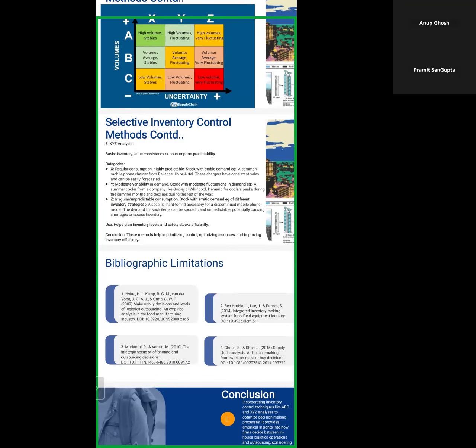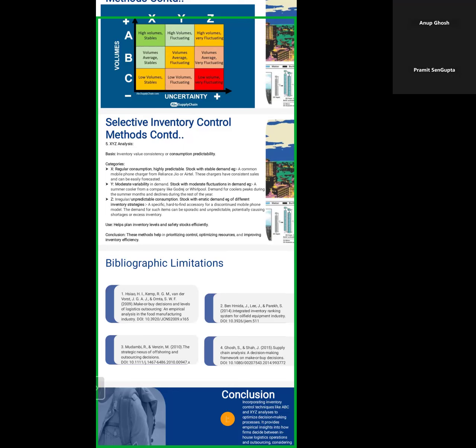There are databases through which this can be available. Unfortunately, I don't have institutional access, nor personal access to all those databases. So I'm really sorry about that. We could not explore further the research articles regarding selective stock control on make or buy decision. So this is the main limitation of my exploratory study.